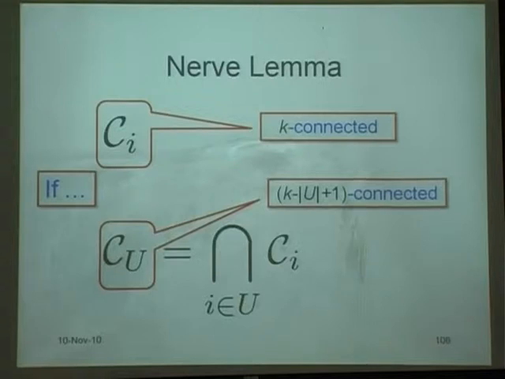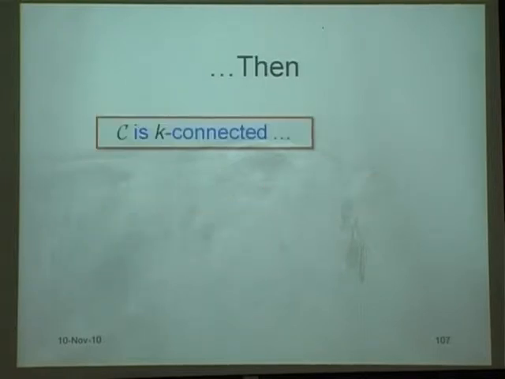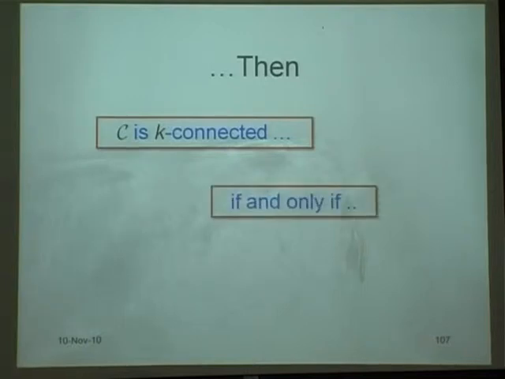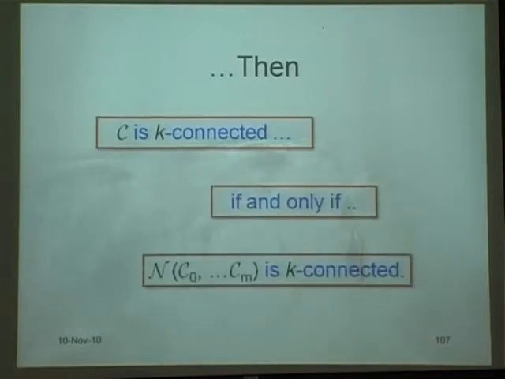So if we can show that these things are true, and each one of these, this is a statement about each of the individual components, this is a statement about what happens when they intersect. So if we can establish these preconditions, then it turns out that the nerve looks a lot like the original complex in the following sense: the original complex C is k-connected if and only if the nerve is k-connected.